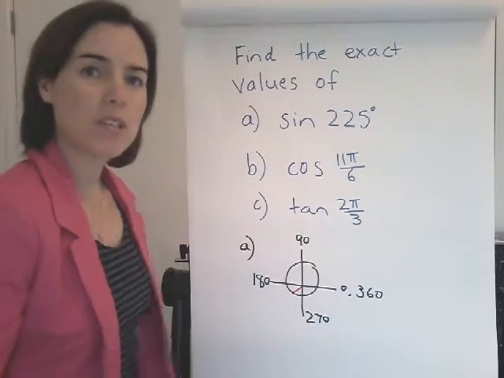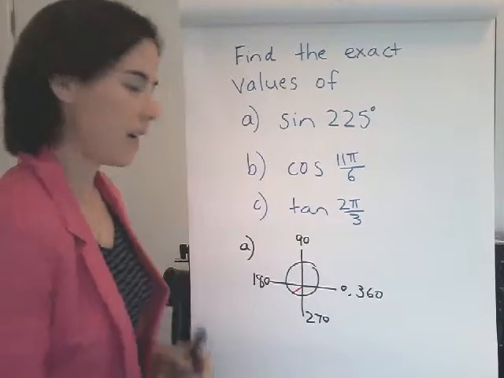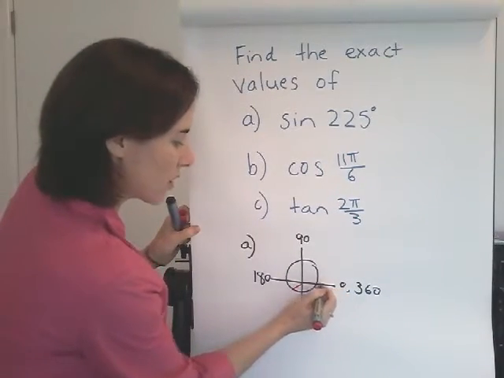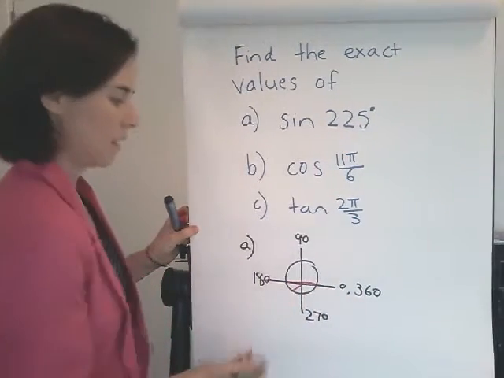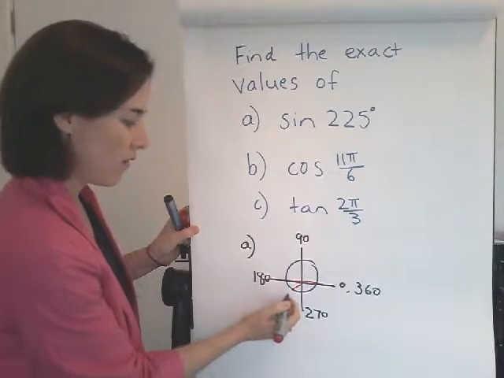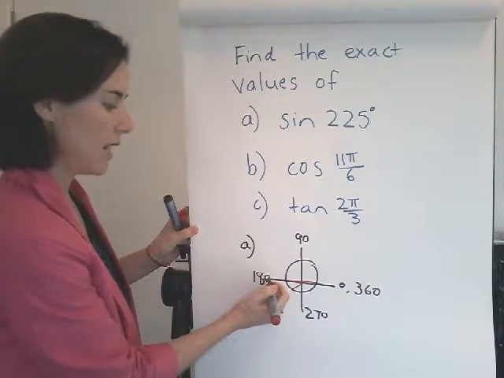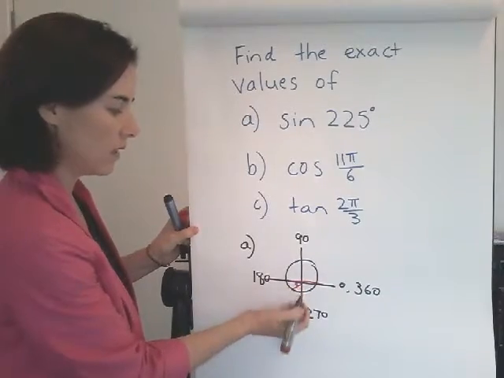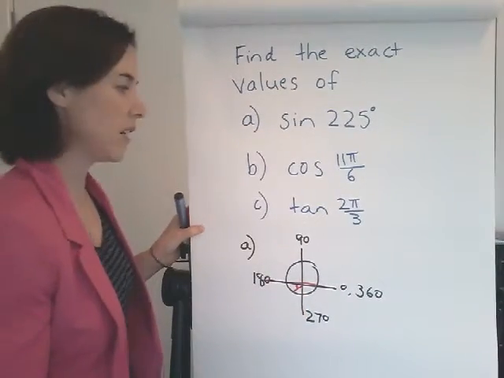The next step is you need to work out exactly how far it is from the horizontal axis. How far from the horizontal? Well, 225 minus 180, so we're finding this angle here, is 45 degrees.